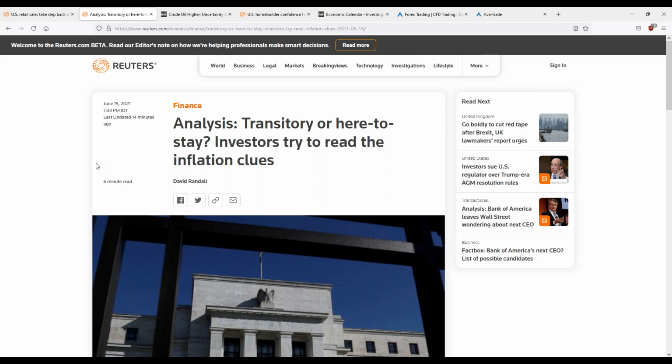They're trying to brush off the larger than expected inflation as being temporary. And so investors are trying to read the inflation clues, as this headline says, to see if it truly is only transitory or maybe here to stay. That's an interesting headline that's hitting the market today and actually causing a bit of fear about inflation maybe being higher than it should be.